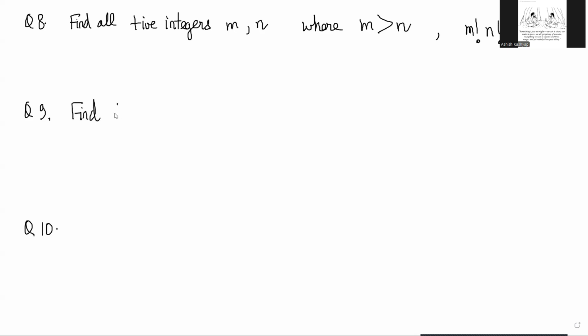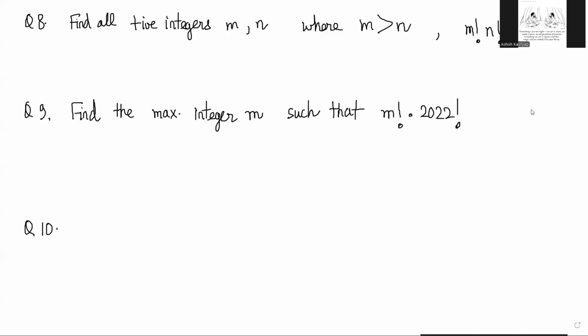Next, find the maximum integer m such that m factorial times 2022 factorial is the factorial of an integer.